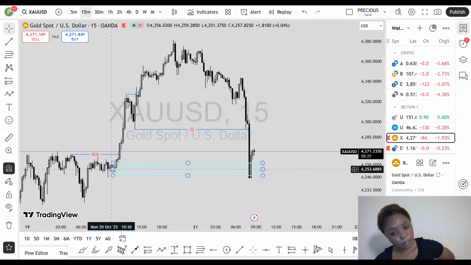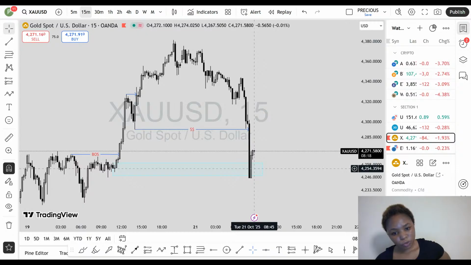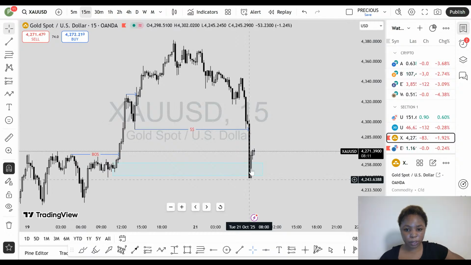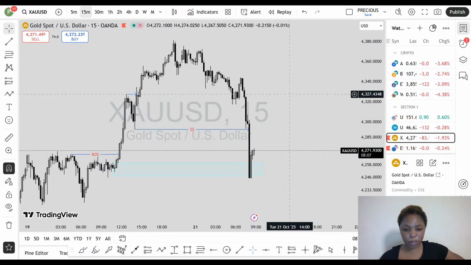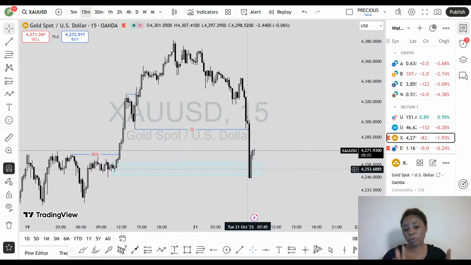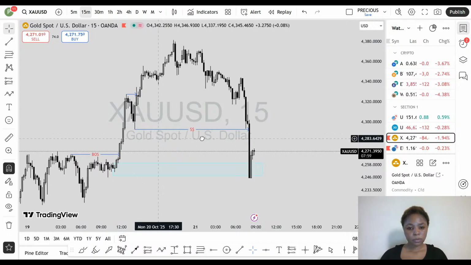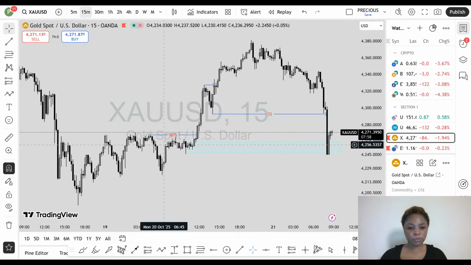So waiting for an internal break of structure to the upside, then we can buy. When markets create an internal break of structure, it will retrace back to mitigate our order block, then we can buy. So now we are waiting for an opportunity in this region because we have already missed this trade here.